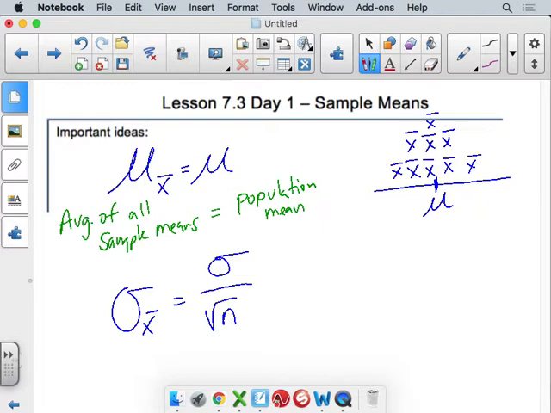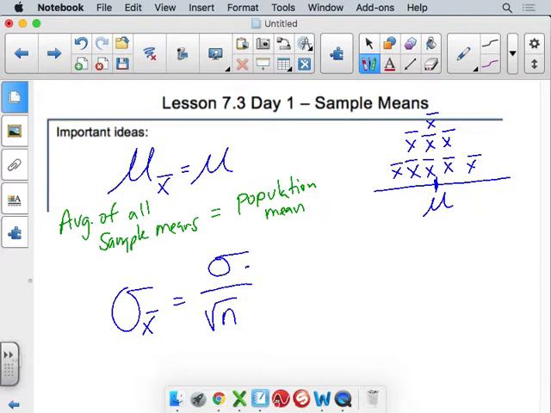It makes sense that the bigger our samples get, the tighter the standard deviation gets. So that's what this is doing. It takes our population standard deviation and divides it by the square root of your sample size, which is by how much smaller our spreads get.